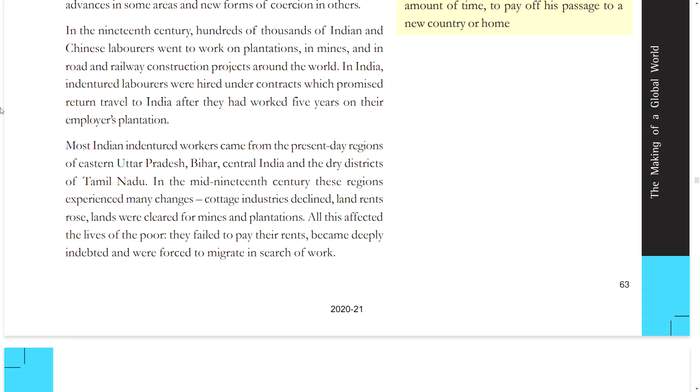In the mid-19th century, these regions experienced many changes. Cottage industries declined, land rents rose, and lands were cleared for mines and plantations. All this affected the lives of the poor. They failed to pay their rents, became deeply indebted, and were forced to migrate in search of work.